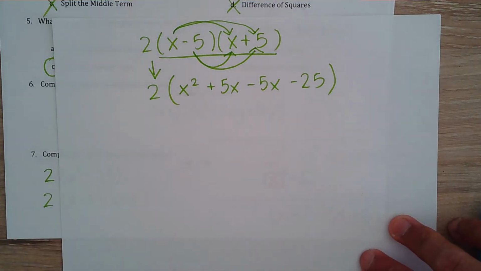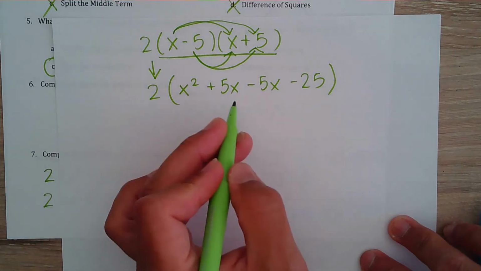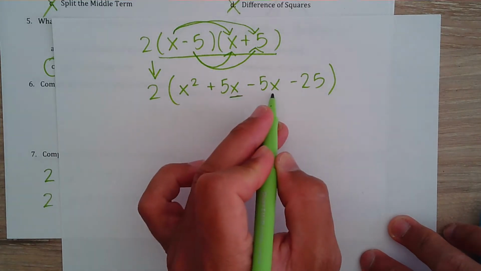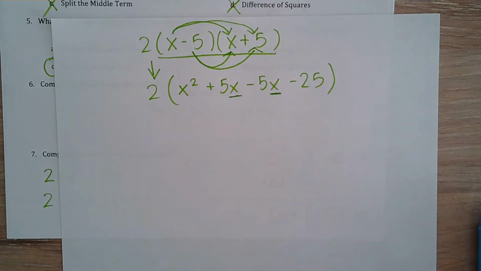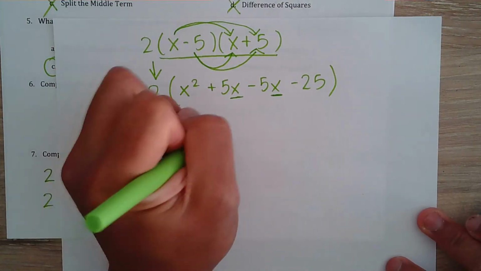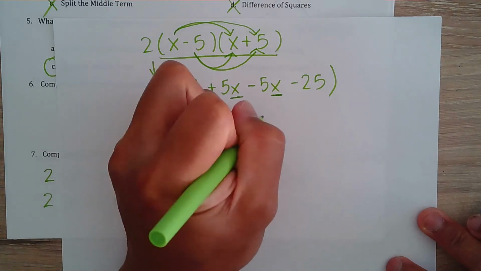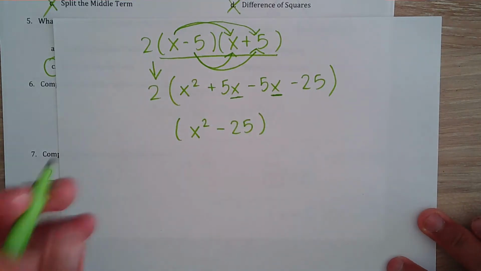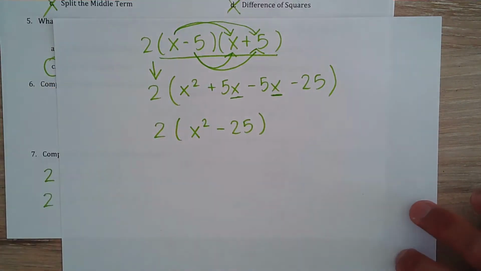Well, we can combine like terms. Remember, if we have an x right here and an x right here, so if we have 5 of something and we subtract 5 of something, we won't have any of those. So in parentheses, that simplifies to x squared minus 25. And then, of course, we still bring down the 2.